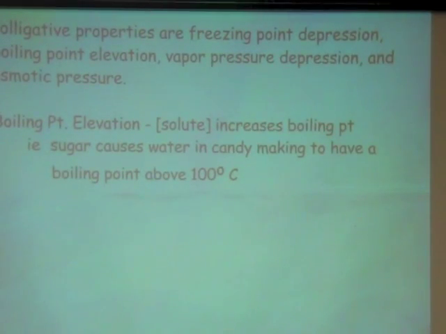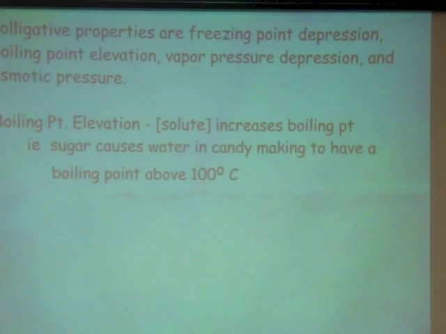So, for instance, if you put sugar in water, you are going to change the boiling point of water to above 100 degrees Celsius.